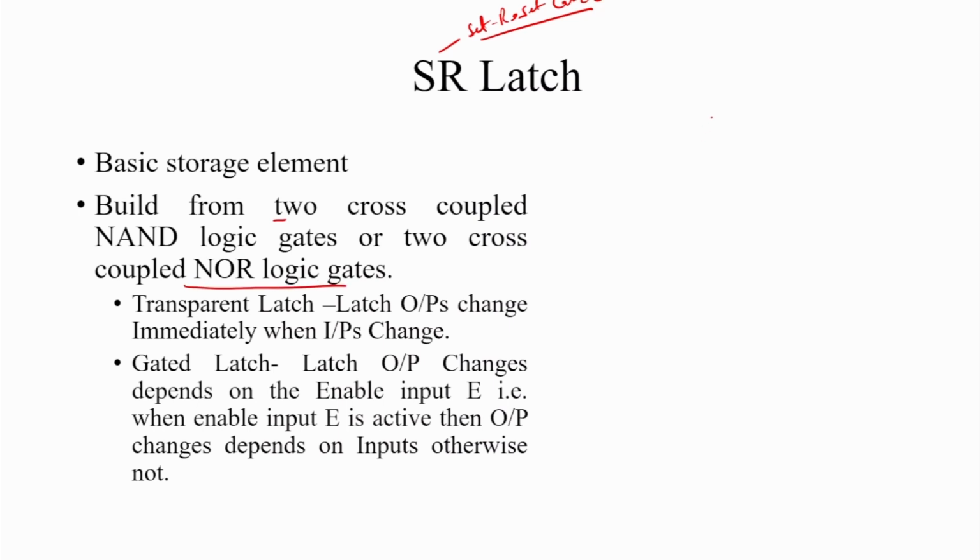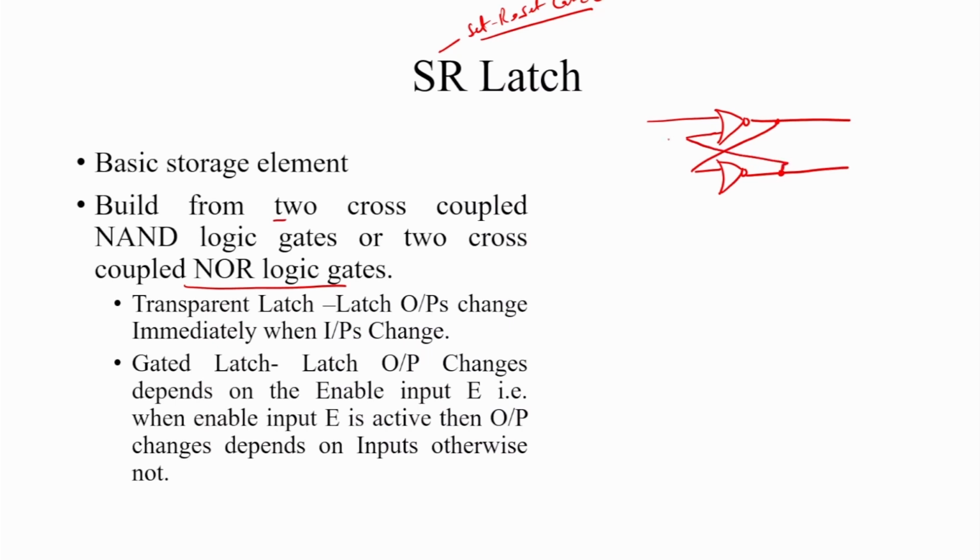So, similarly, here this is a latch where two cross coupled NOR gates are used. Cross coupled means the output of the first NOR gate is provided as one of the inputs to the second NOR gate, and similarly the output of the second NOR gate is provided as an input to the first NOR gate.